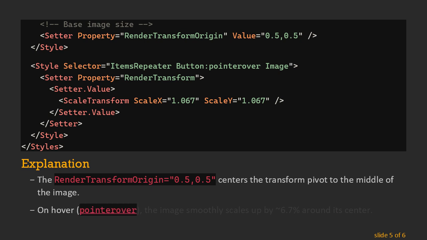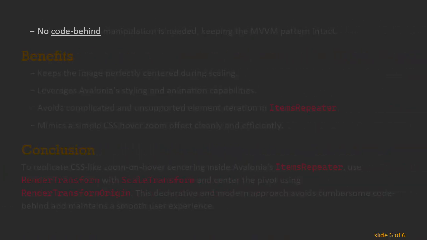On hover, pointerover, the image smoothly scales up by 6.7% around its center. No code behind manipulation is needed, keeping the MVVM pattern intact.